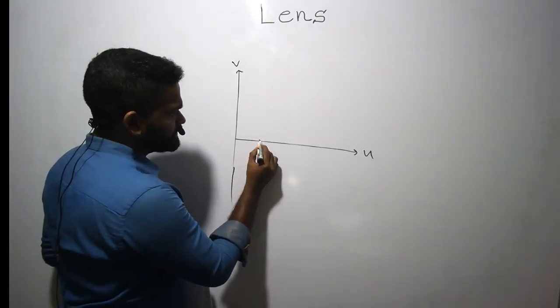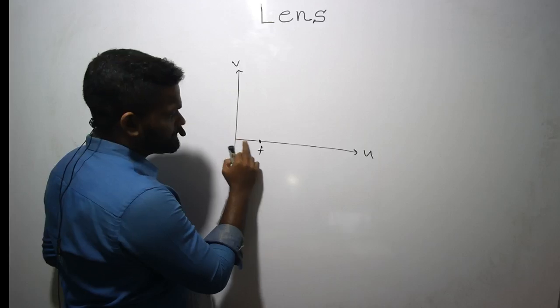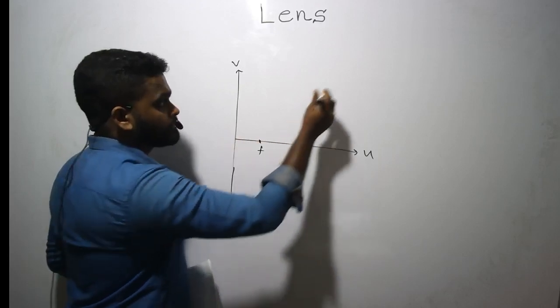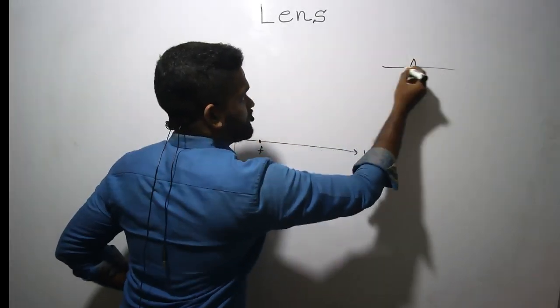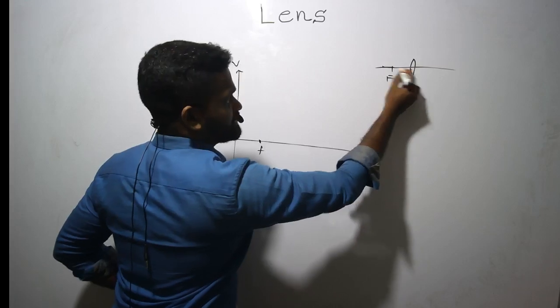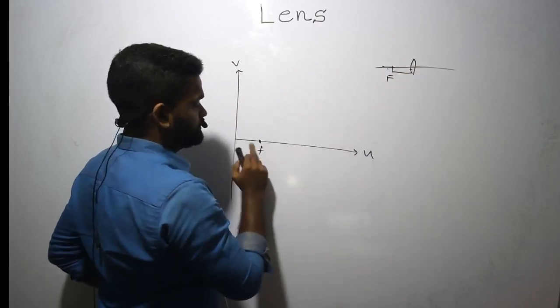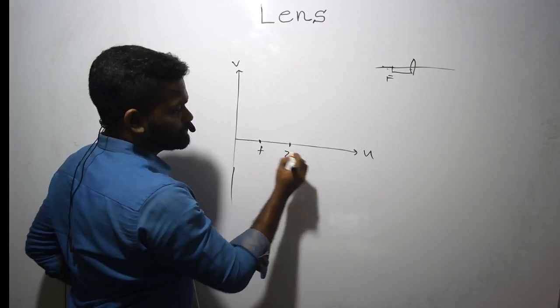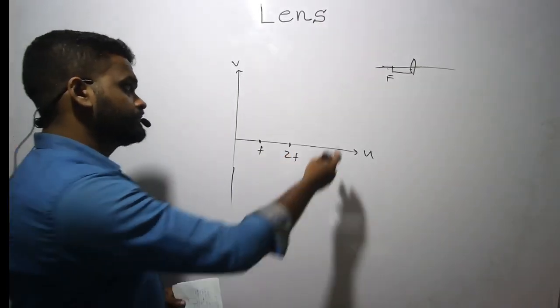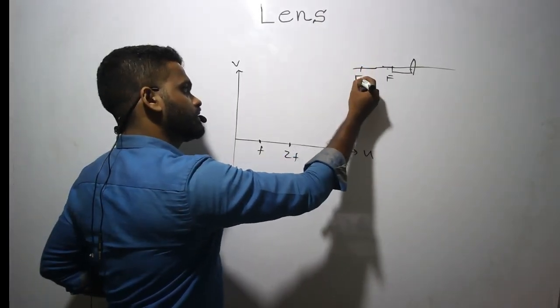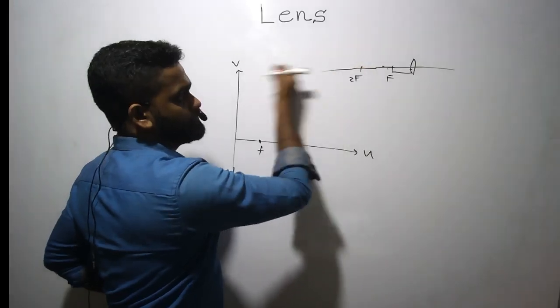So you know these distances. Simple f here, a positive value, then let's say 2f, this point and beyond.